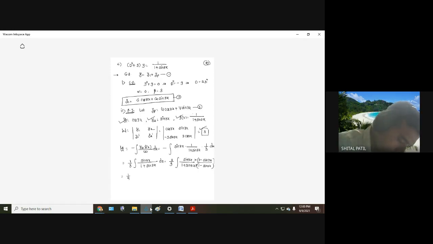So 1/3. 1 minus sine square 3x, a minus b, a plus b.